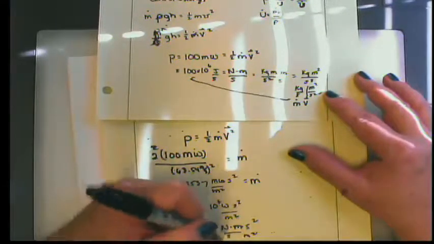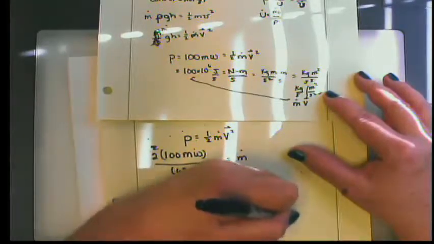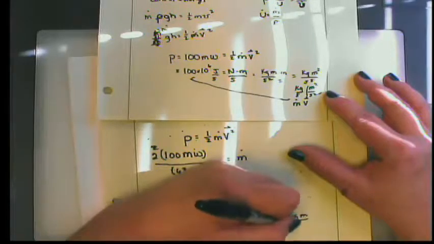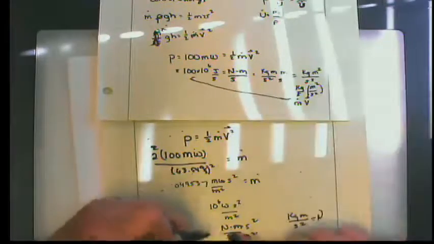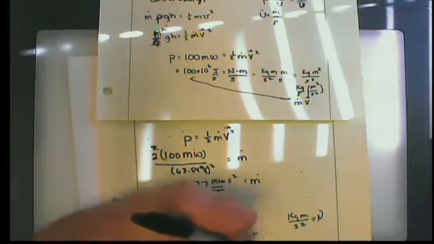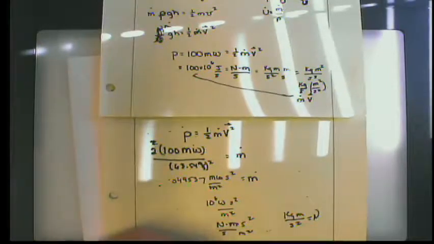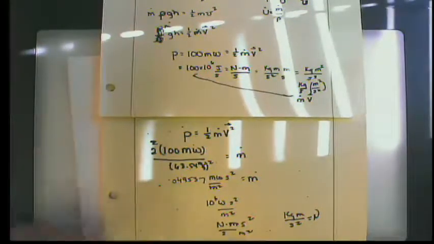So then what I also want to do is a kilogram meter per second squared is a Newton. So I'm going to write that instead of that. Kilogram meter per second squared, meter second squared, second meter squared, second meter squared, kilogram per second. Hallelujah! We got some units that look good.